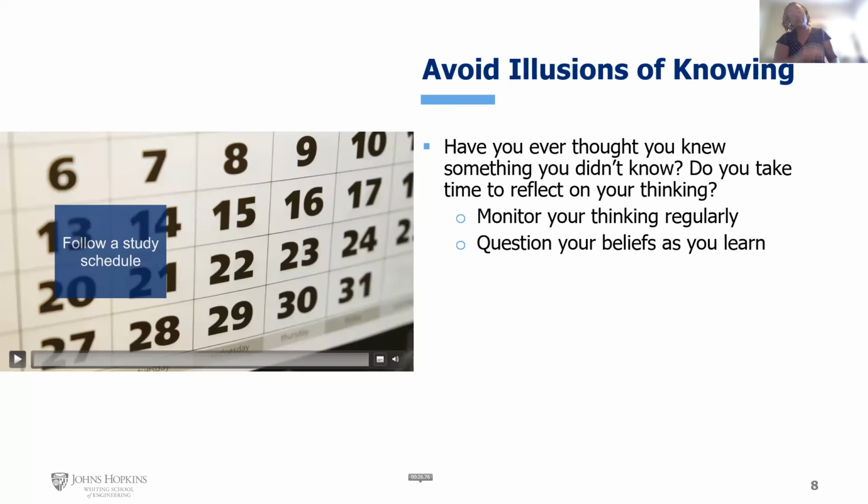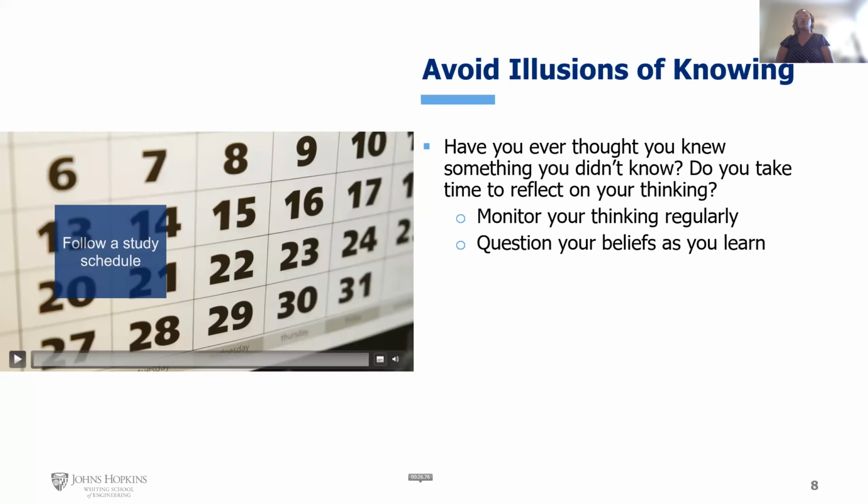Great. All right. So what this video is gonna just let you know is that with avoiding illusions of knowing, the purpose is to question your thinking. Think about how you think about things. Think about what influences your thinking. Maybe that's your community, maybe that's your biases, et cetera. But the purpose here is to start off with questioning your beliefs, right?